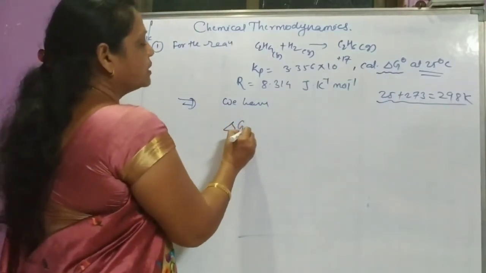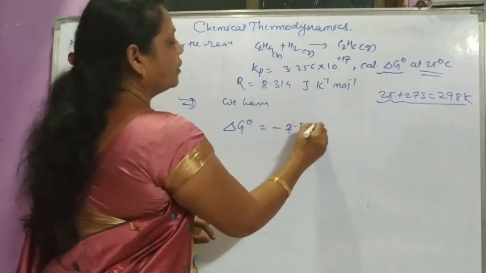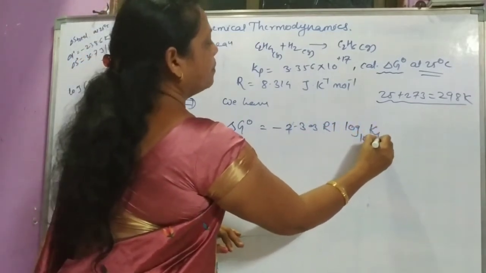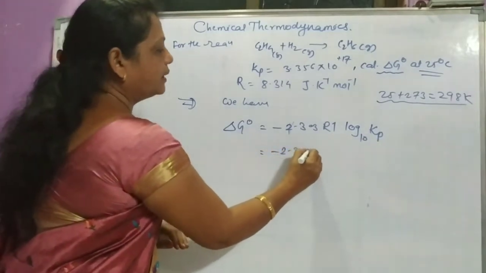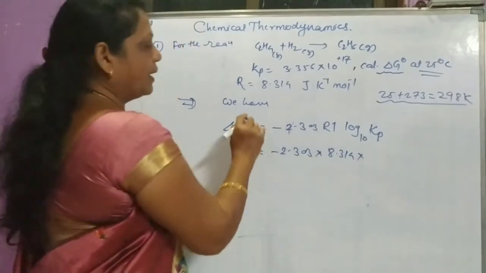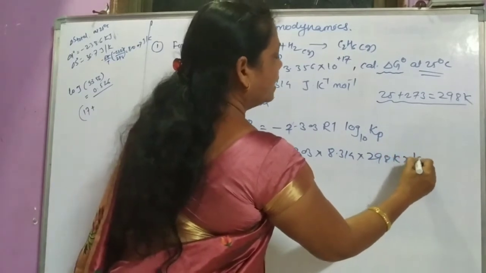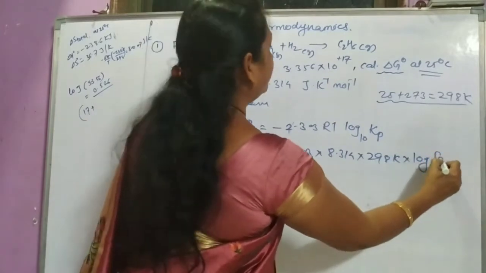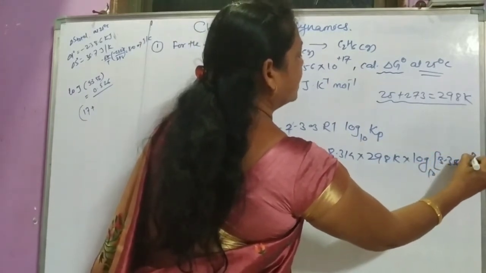So the standard Gibbs energy is equal to minus 2.303 RT log to the base 10 Kp. Here, minus 2.303, R is 8.314, temperature T is 298 Kelvin, multiplied by log to the base 10 of 3.356 times 10 to the power 17.